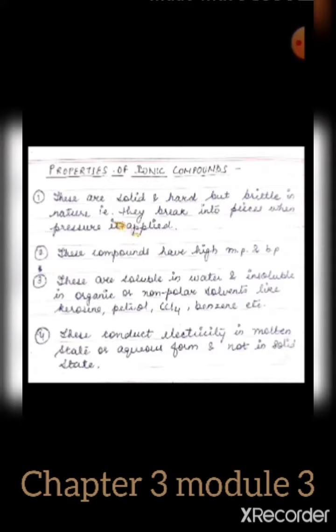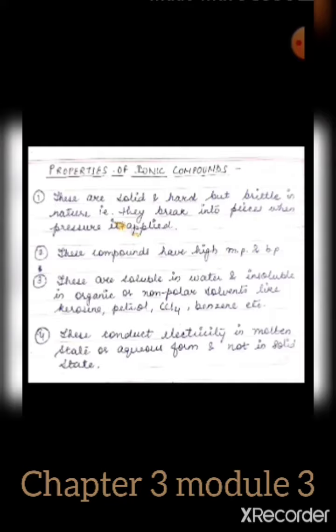So they will dissolve in such types of solvents only, like water. Water is the universal solvent, and it also has ions, H+ ion and OH- ion.